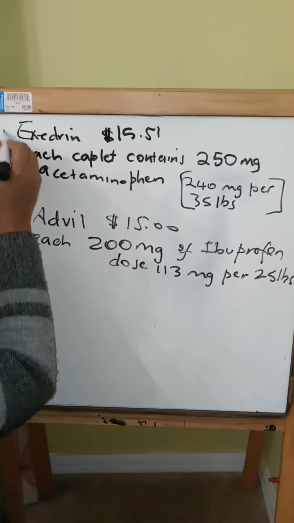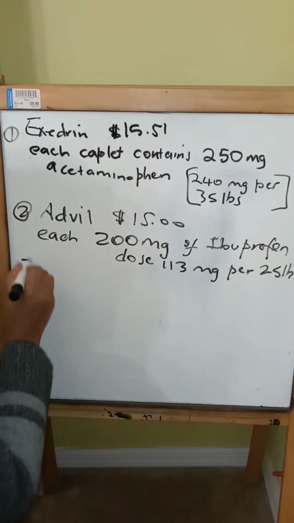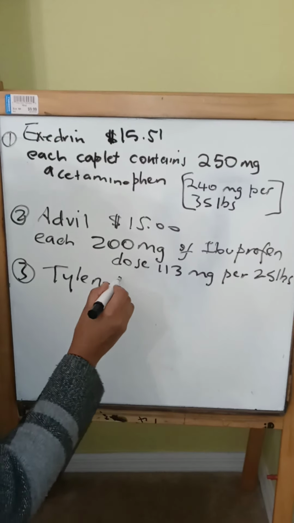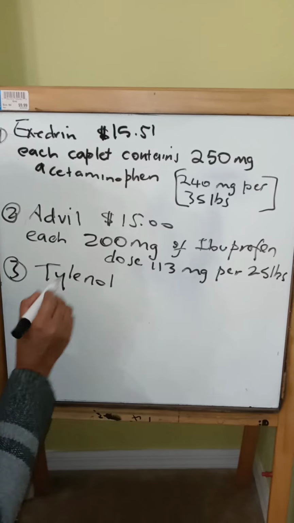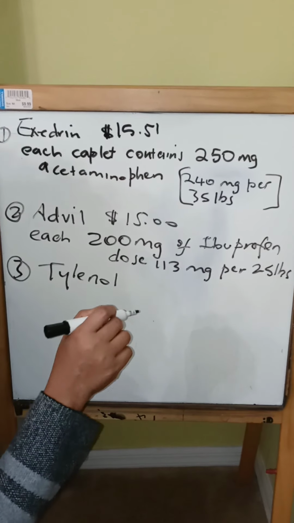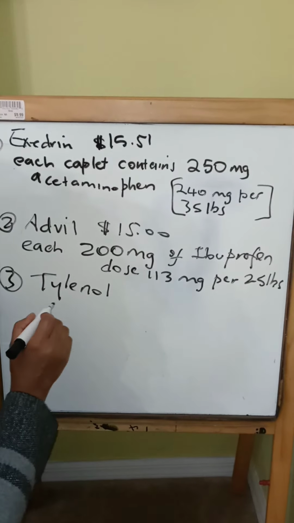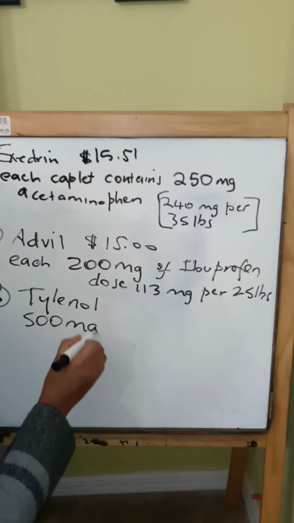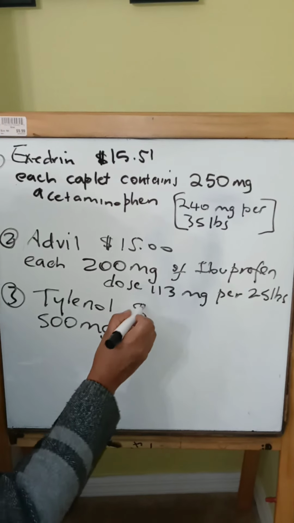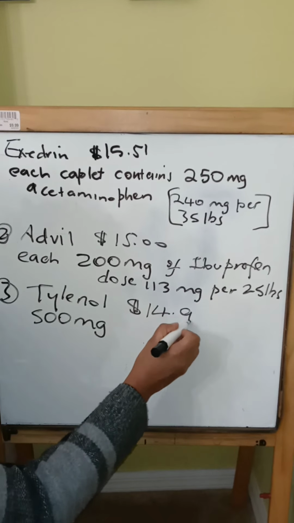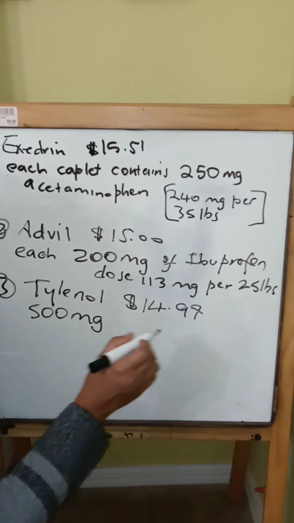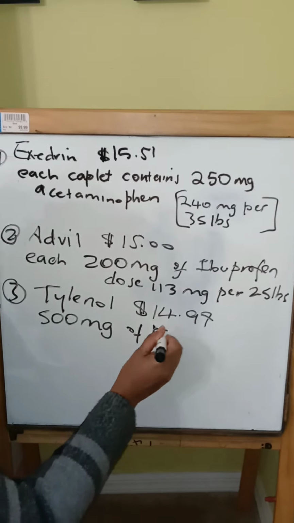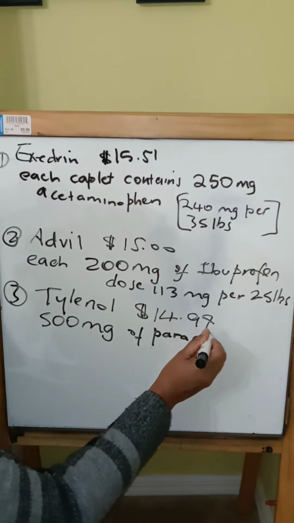And the next one, so 1, 2, 3. The next one is Tylenol. Each tablet or each pill is 500 milligrams. The whole bottle costs $14.97, and as I said, 500 milligrams of paracetamol.